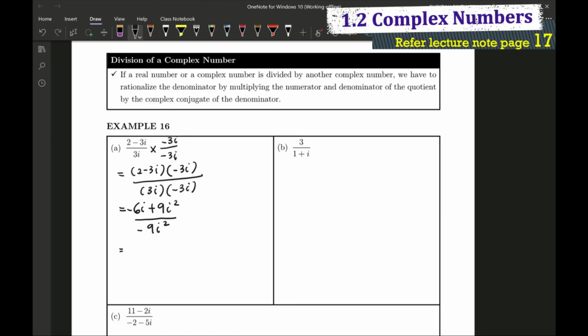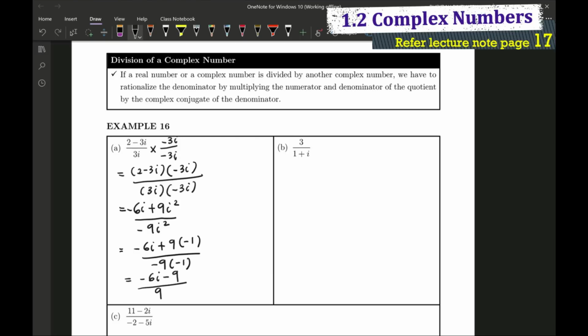By definition, from our previous page, i squared equals negative 1. So negative 6i plus 9 times negative 1 here, and down below also negative 1. So now we get negative 6i minus 9 over 9.